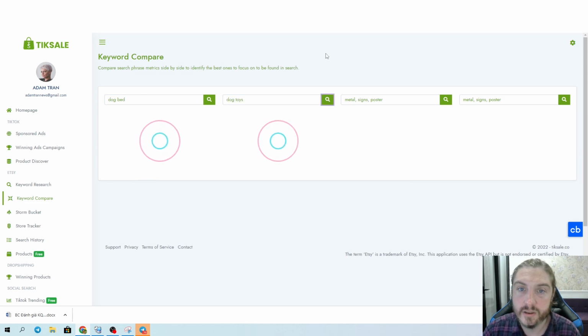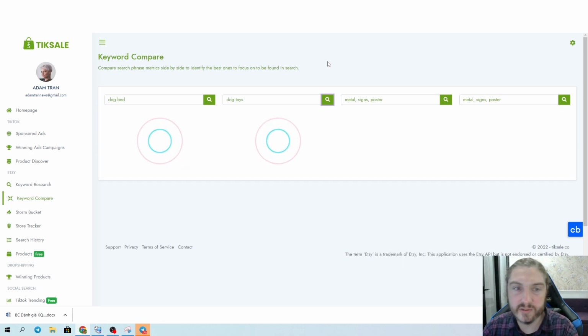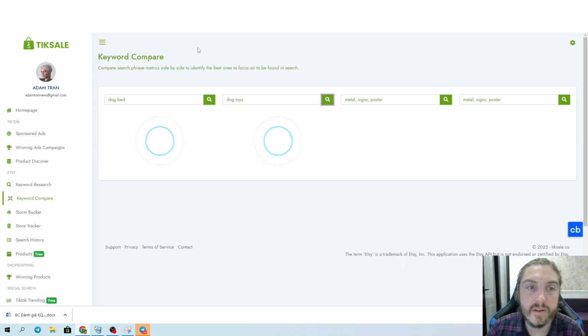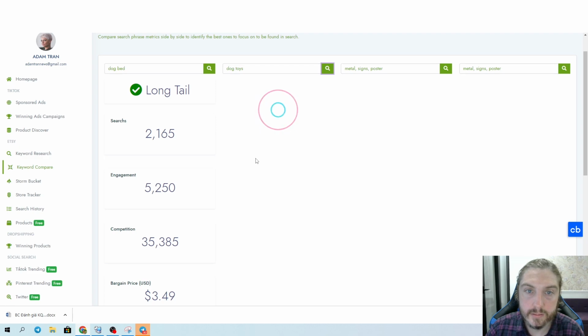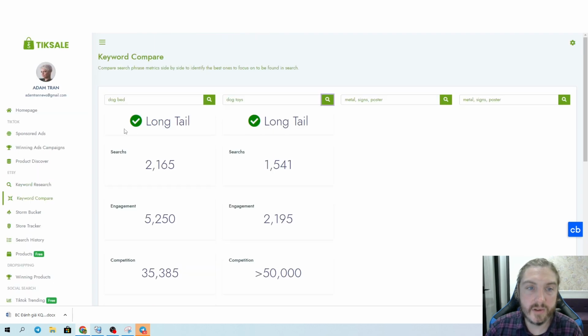Okay. So here it's more pet products. We'll see what the difference is. So we've got dog bed and dog toys. So again, this is a long tail, but we have alternatives for the dog bed and for the dog toys when it loads. That's it, here we go. So yeah, so they both have long tail alternatives.